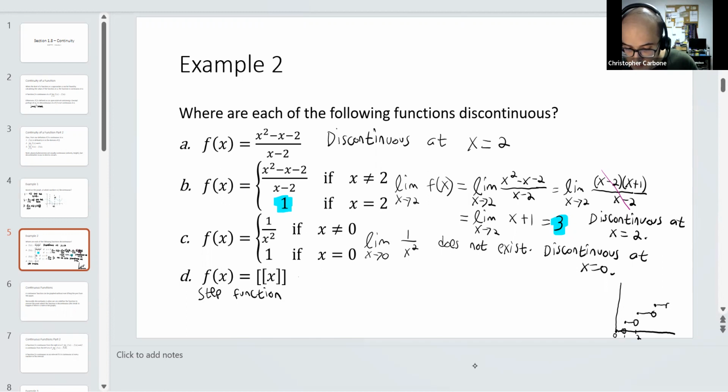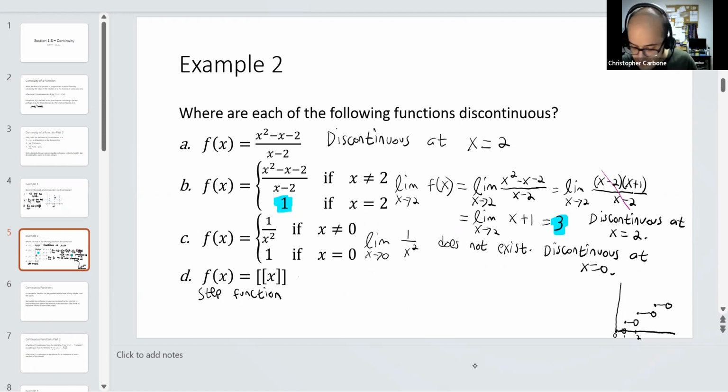What that means is the left and right limits at any value of the integer do not match, because the left and right limits are not going to be the same due to that being a step function.